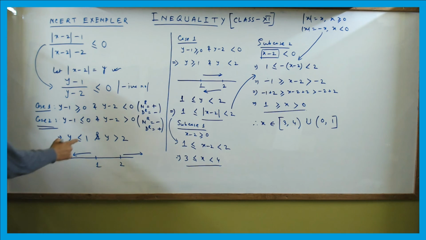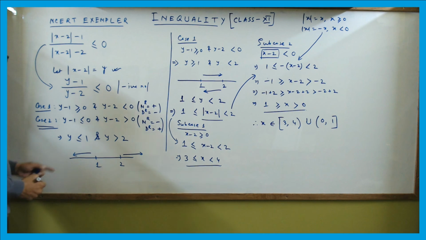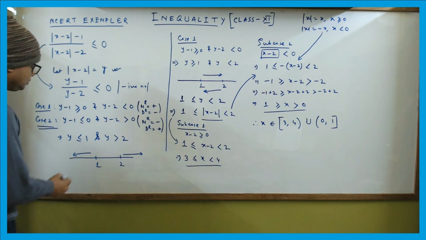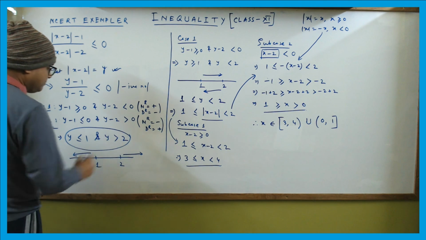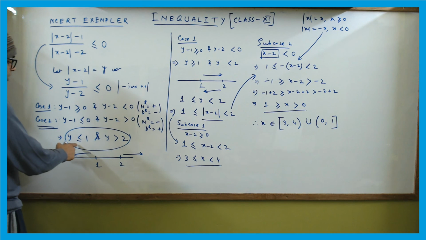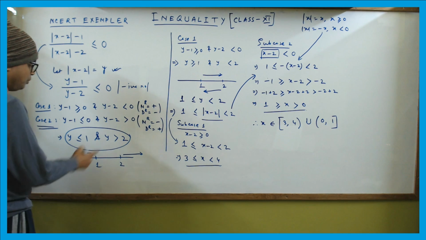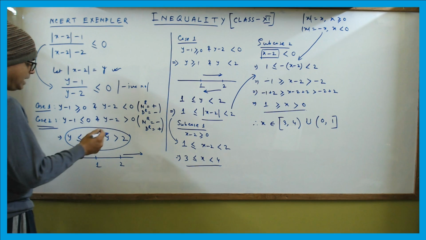But we can realize that these two zones never intersect. So this is an absurd result for y: both inequations, y less equal to 1 and y greater than 2, are not satisfied by any value of y.